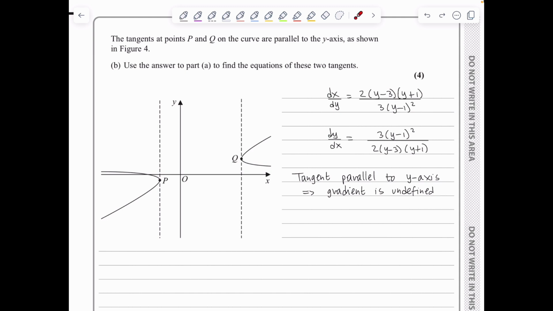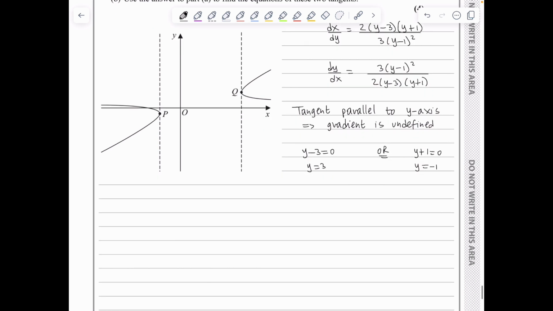And looking at the expression for dy/dx, we can see that the gradient is undefined when the denominator is 0. So we either have that y minus 3 is equal to 0, or that y plus 1 is equal to 0. So we're looking at y is equal to 3 or y is negative 1.